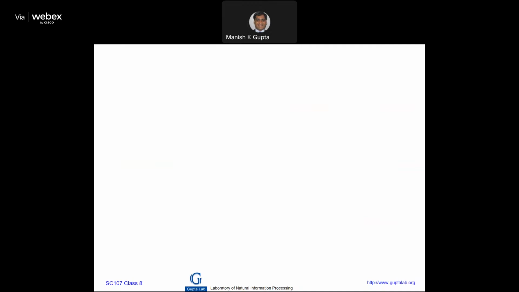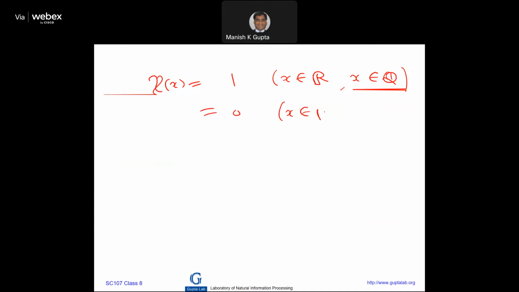I think I can do one more example. I define a function chi of x equal to 1 if x is a real number and x is rational, and equal to 0 if x is a real number and x is irrational.